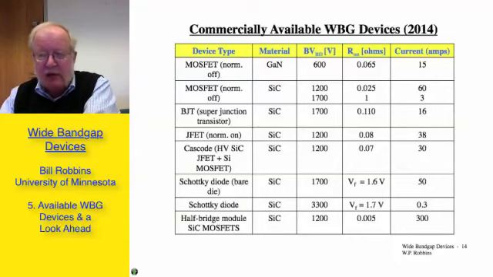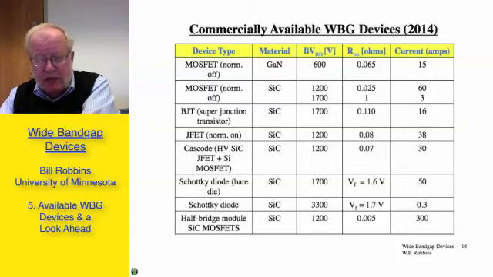These MOSFETs are essentially lateral MOSFETs, probably using a HEMT structure, the so-called high electron mobility structure, which is unique to gallium nitride.